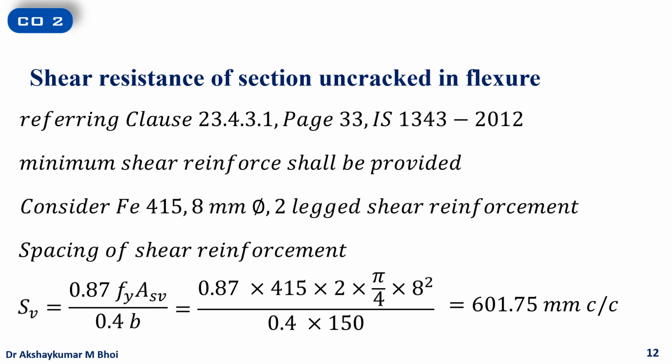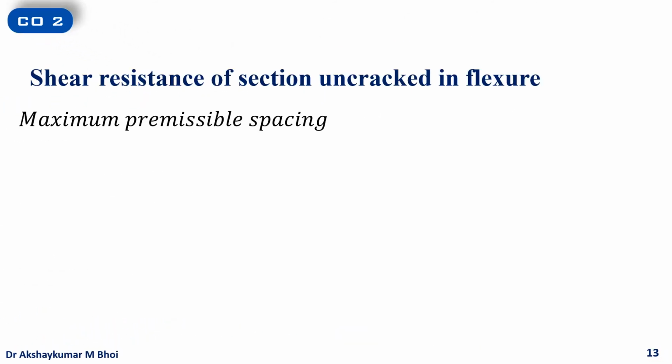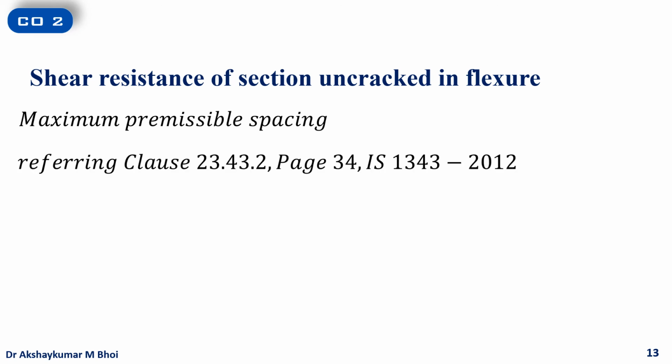Now this spacing shall be checked with the maximum permissible spacing. The maximum permissible spacing as per IS 1343 clause 23.4.3.2 on page 34 is that the maximum spacing shall be less than or equal to 0.75 dt or 4 times the width of the web.